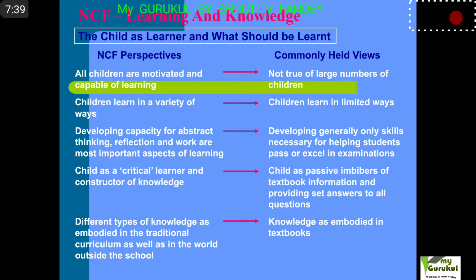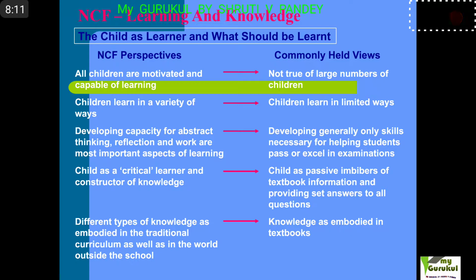According to NCF, children learn in a variety of ways, but in commonly held views, children learn in limited ways. According to NCF, developing capacity for abstract thinking, reflection, and work are the most important aspects of learning. But in commonly held views, generally only skills necessary for helping students pass or excel in examinations are developed.